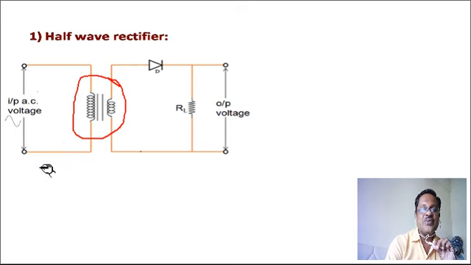Now the input AC voltage is applied to the primary of the transformer and the output voltage is taken across the load resistance, that is RL.